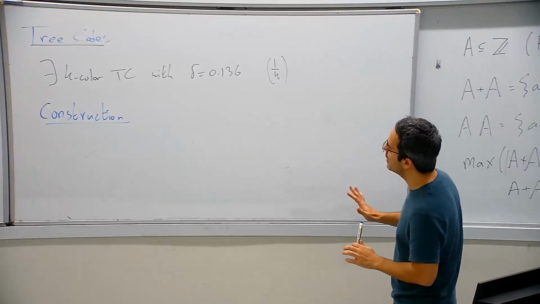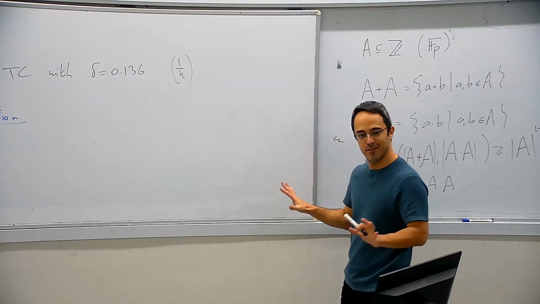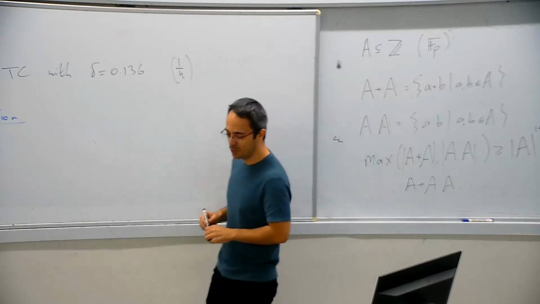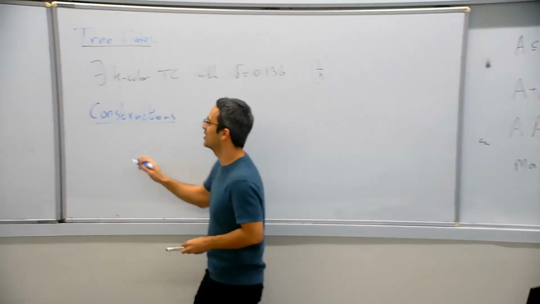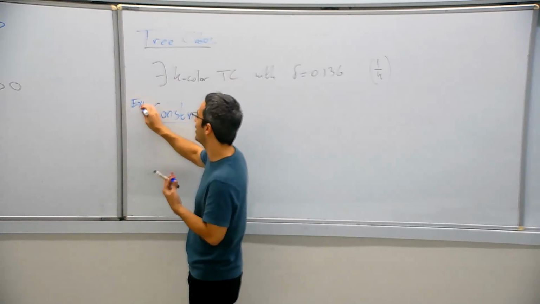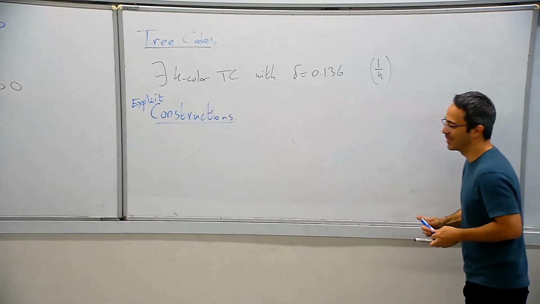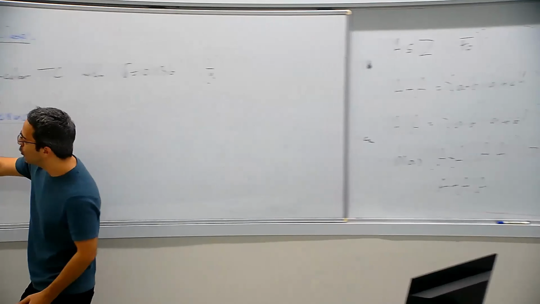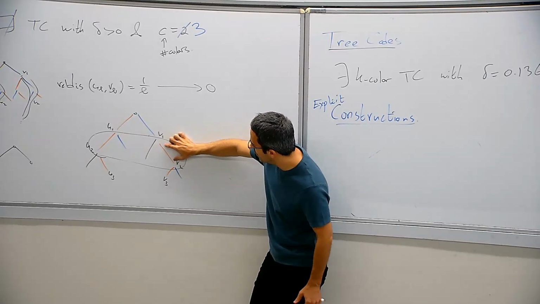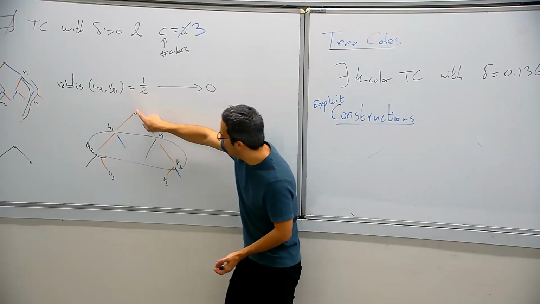But just for fun, let me spend the next 10 minutes on what we know about constructions. Explicit construction, when I say construction, I essentially mean that, and at some point I will define what it means. In this case, it means that if you want to know the color of an edge, the description of an edge is the way to that edge.